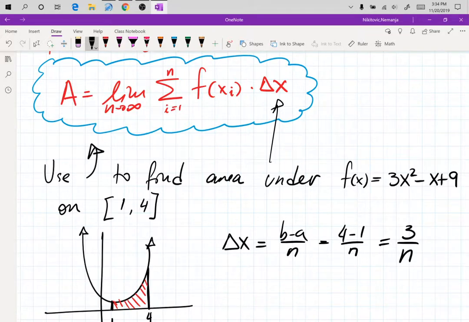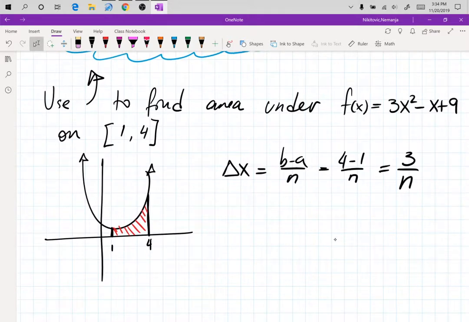Well, now you need to work out the xi's so that you can replace these x's by xi's, because you have to compute the function value at every x that we need to pick, or fraction, or whatever the division is. So to figure xi, think of it this way. You start at 1, you have a whole bunch of these divisions, and you eventually end up at 4. That's your a and b for the interval.